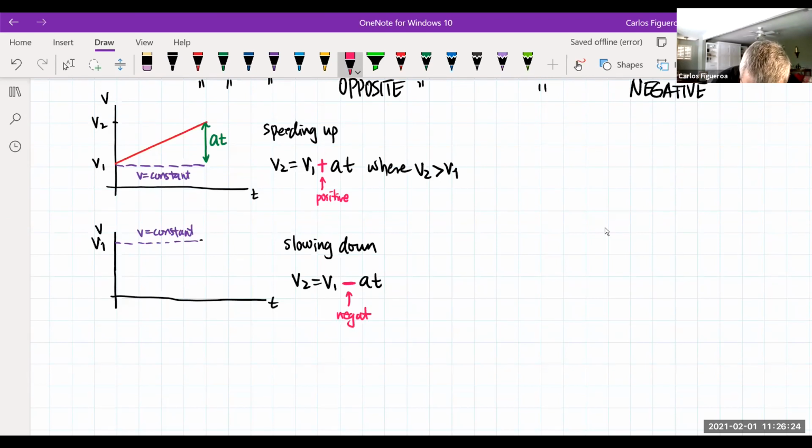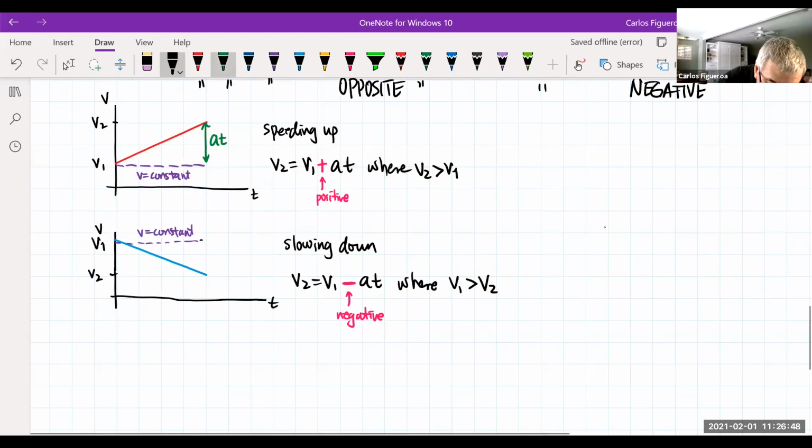That has to have a negative. So if I have negative, we then know that V1 is larger than V2. So if I come down and I plot this thing here, what you're seeing here is that I could then move to a lower velocity. And what's getting me to go up and down here is this minus AT, or up here, that was positive AT. And so that acceleration graphically makes sense when we talk about positive and negative acceleration.